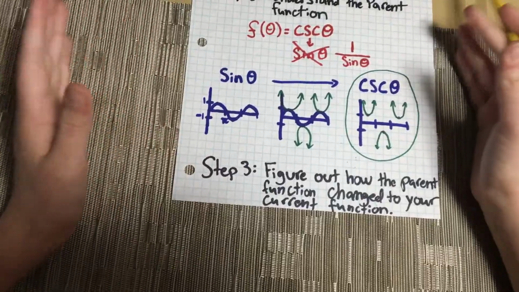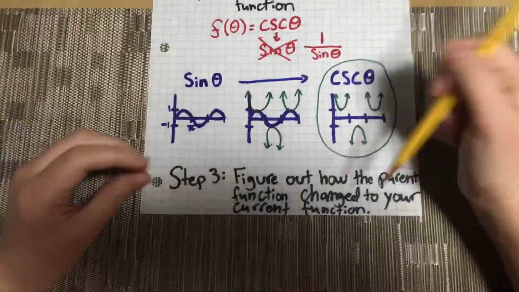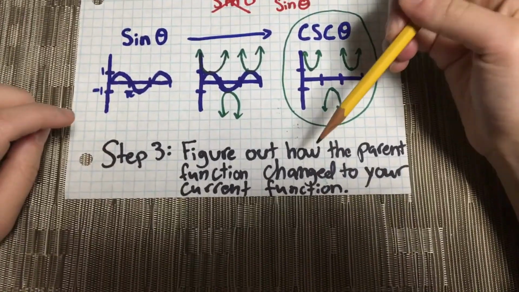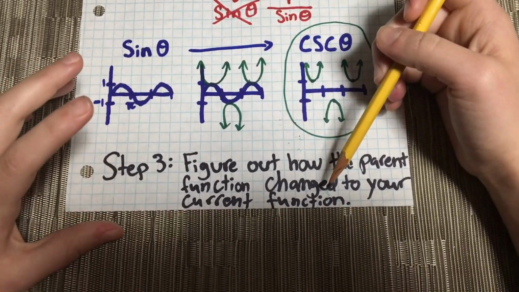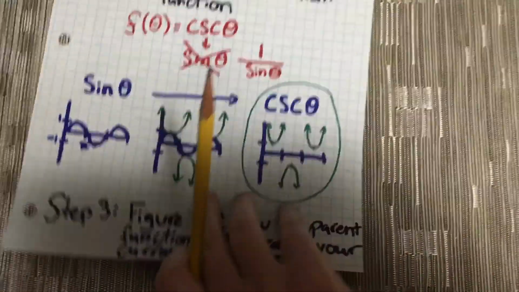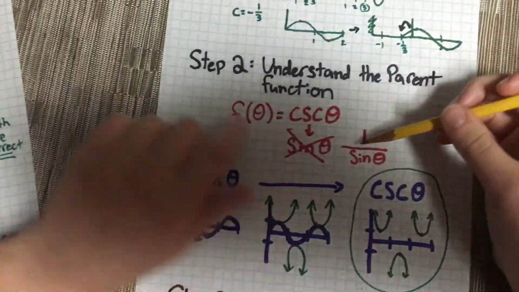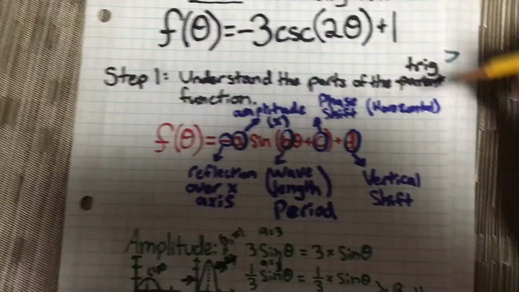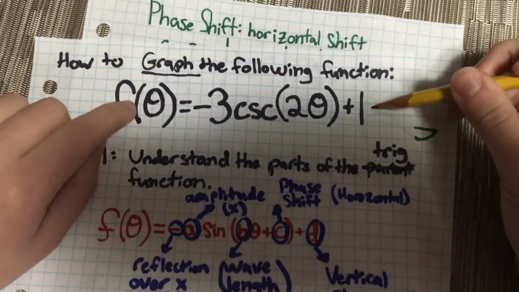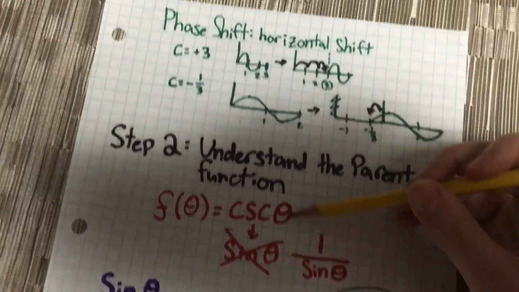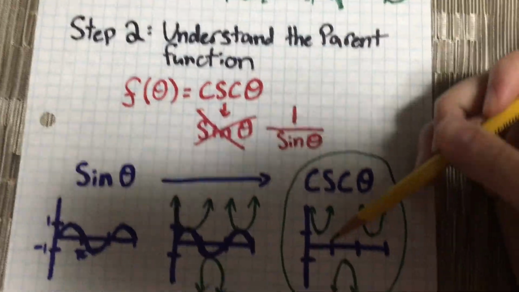Now that we understand a little more about the cosecant function, we need to figure out how the parent function changed so that we can get our current function. We're starting from here and trying to get back to here, since we already understand how to graph this one.